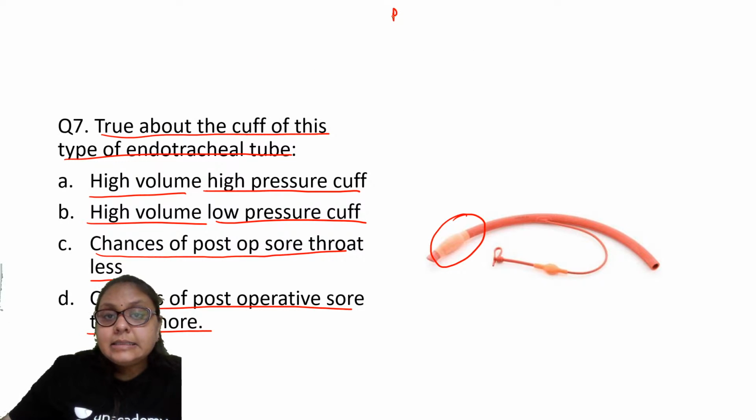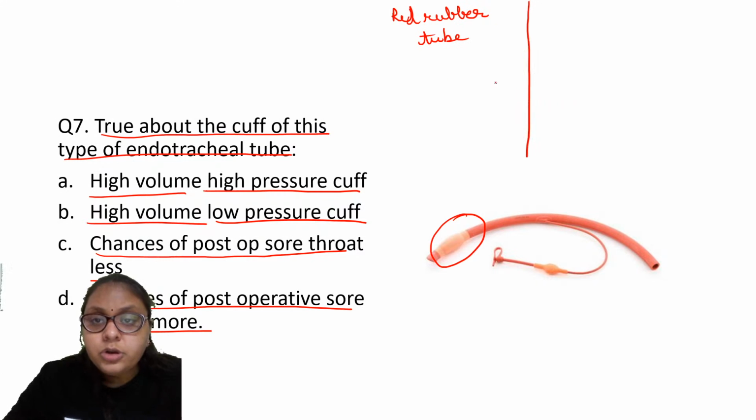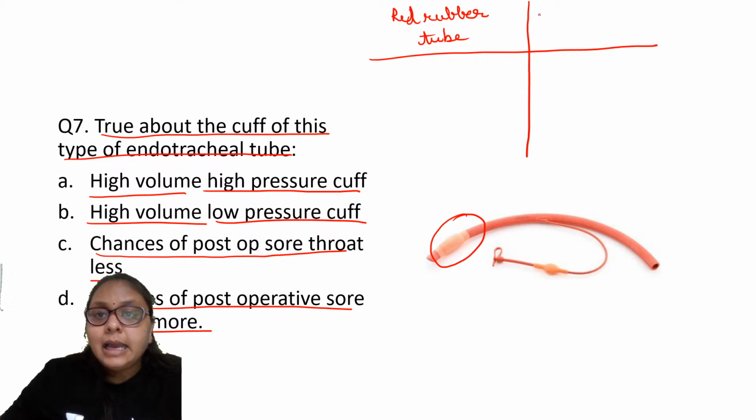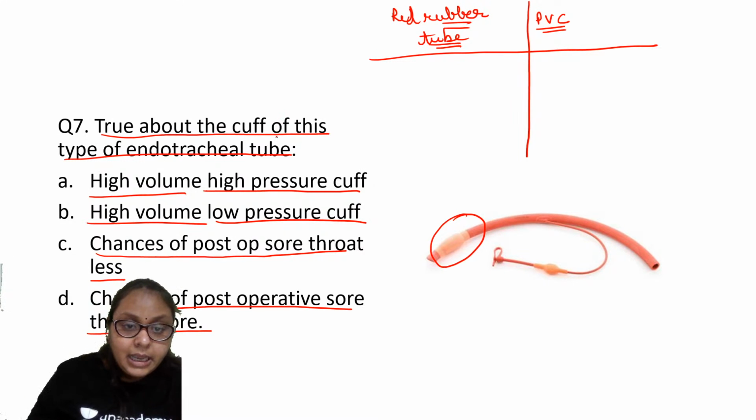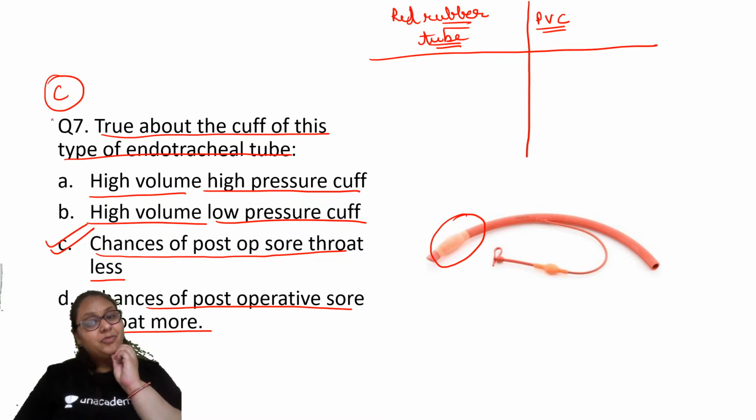Okay, this is a red rubber tube. The other tube which we most commonly use is the polyvinyl chloride tube. The answer of this is not A. The answer of this is C. I'll tell you why.